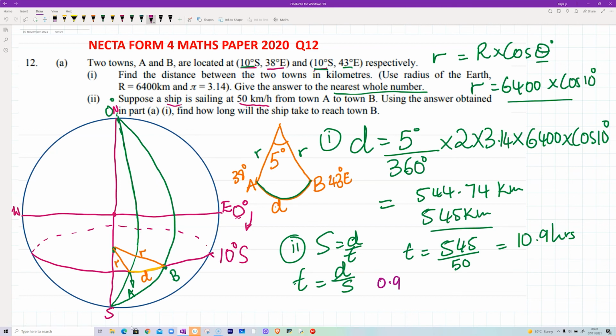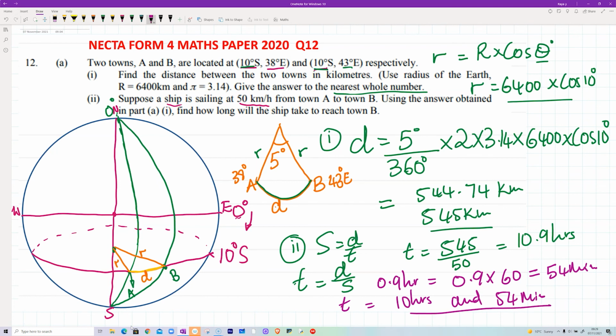So 0.9 hours is equal to 0.9 times 60, which is 54 minutes. So altogether, the time taken from town A to town B is going to be 10 hours and 54 minutes. Right, so this is the end of part A.